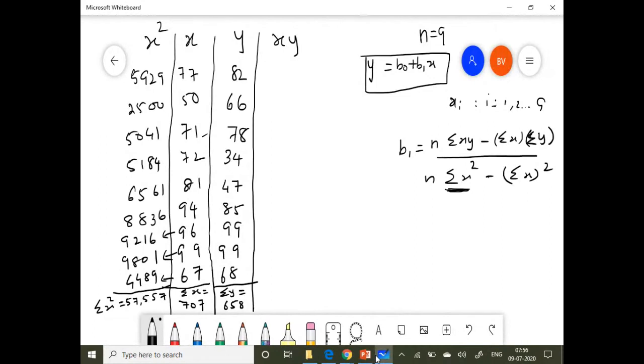N is known, 9. We know summation x, we know summation y. We want one more term, summation xy.